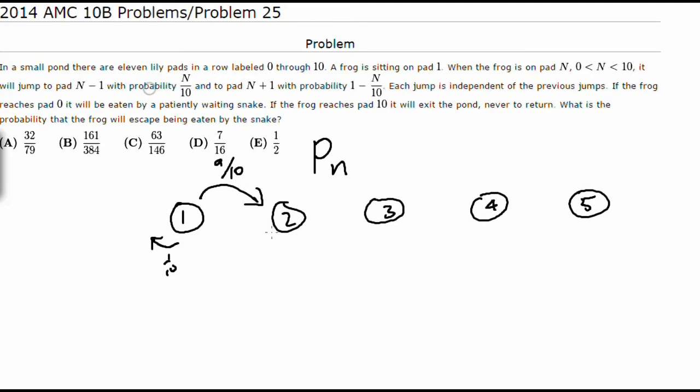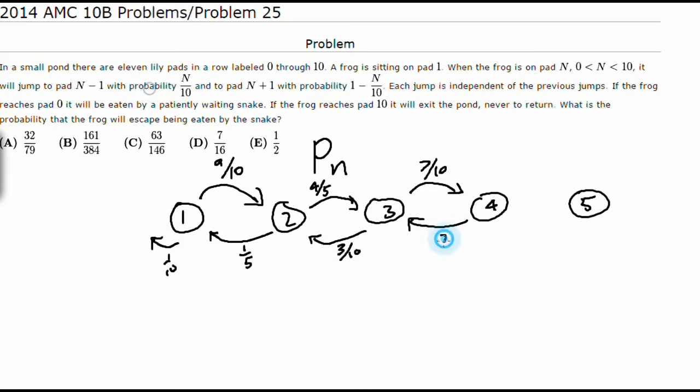And going back from 2, that's 1/5. Just some calculations based on the problem. Going forward is 4/5. And then I believe going backwards is 3/10. Going forward is 7/10. And going backwards is 2/5. Going forward is 3/5. And going backwards is 1/2. So we have this flowchart right here.